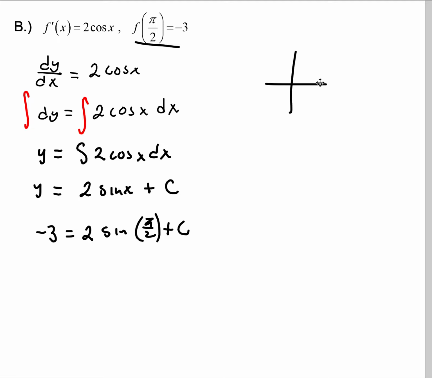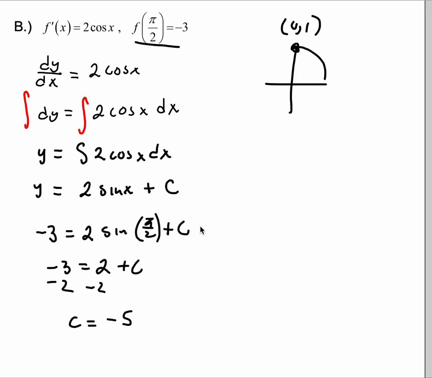And again, what is sine of pi over 2? It's just 1. So this becomes negative 3 is equal to 2 times 1 plus c. And now I solve for c, subtract both sides. C is equal to negative 5.